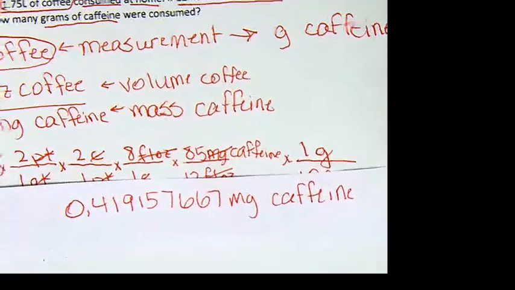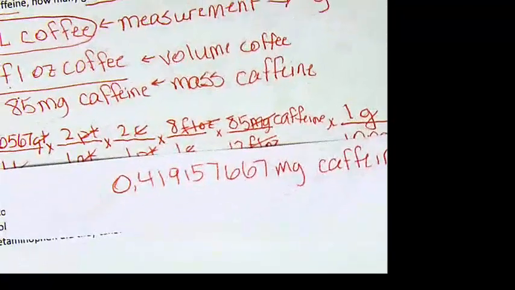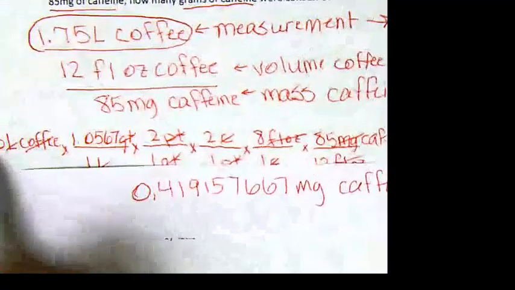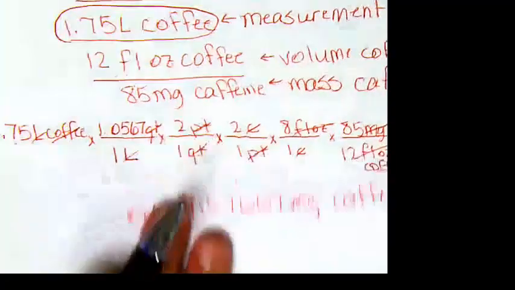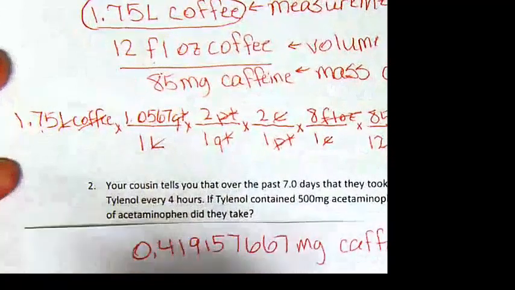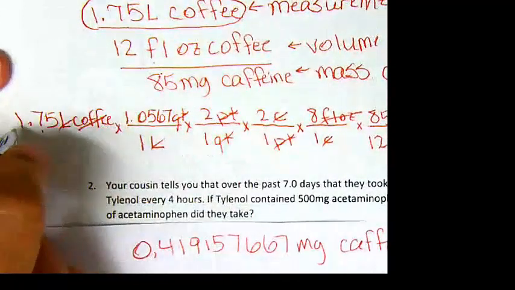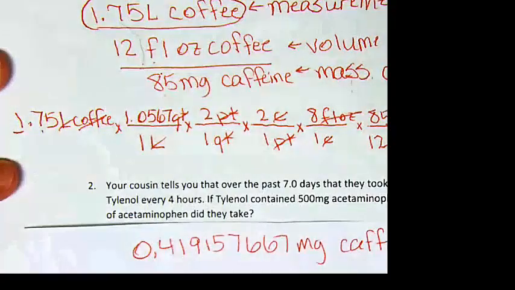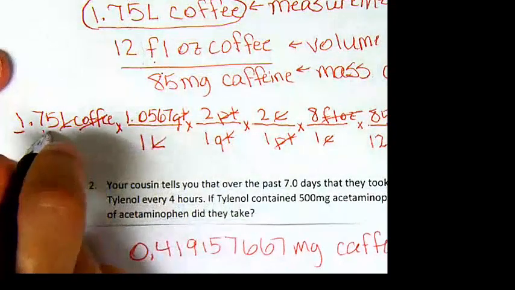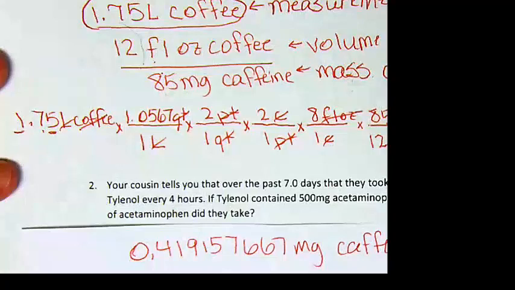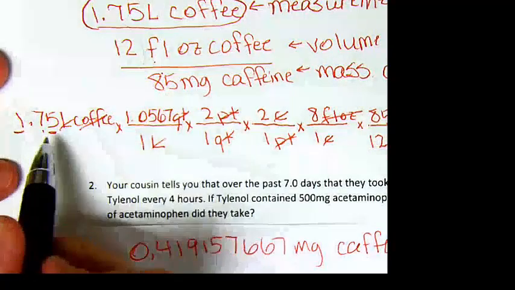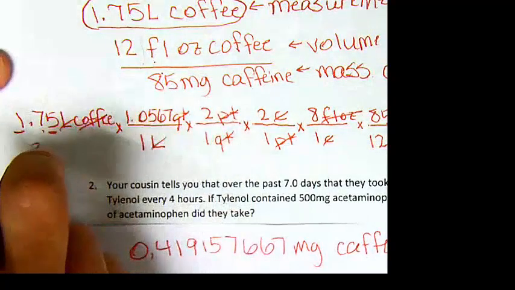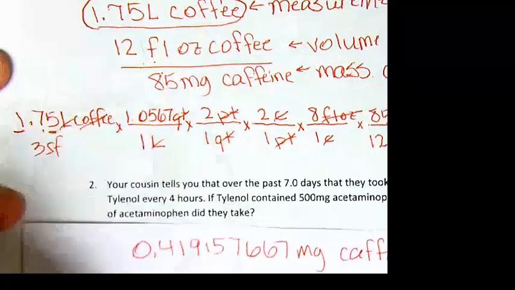And so this brings in the significant figures. So at the end, you are going to go back to your original measurement, the 1.75, and count the significant figures. So it is the first non-zero, and then there's a decimal, so it is the last number. So that will be 3 significant figures.